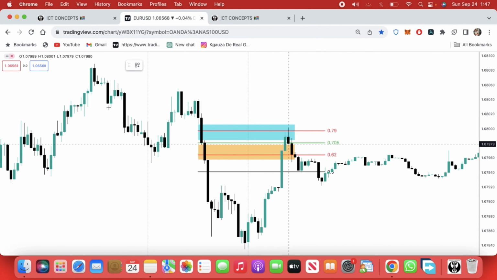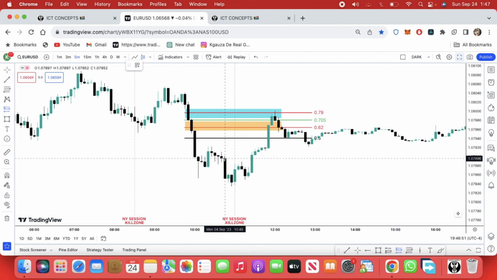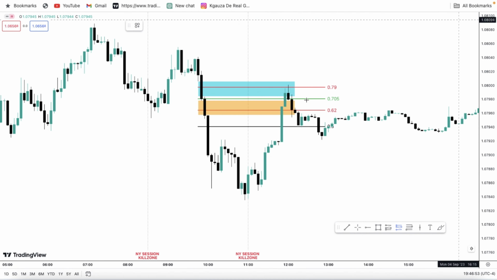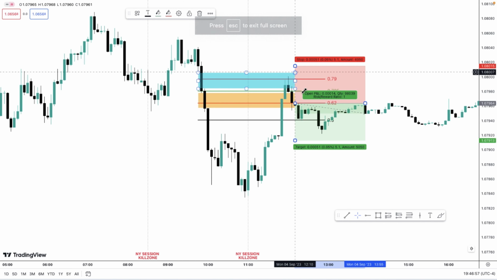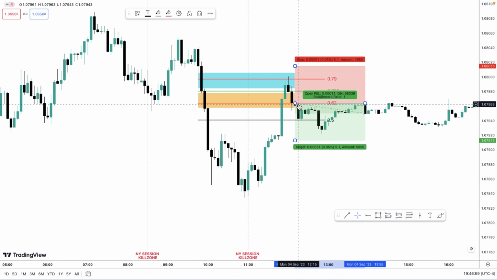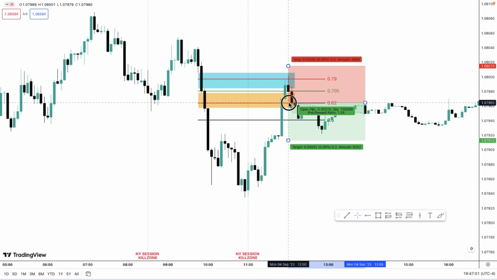So let me quickly switch off my magnet. The 62 level will always point to a PD array that you can sell.